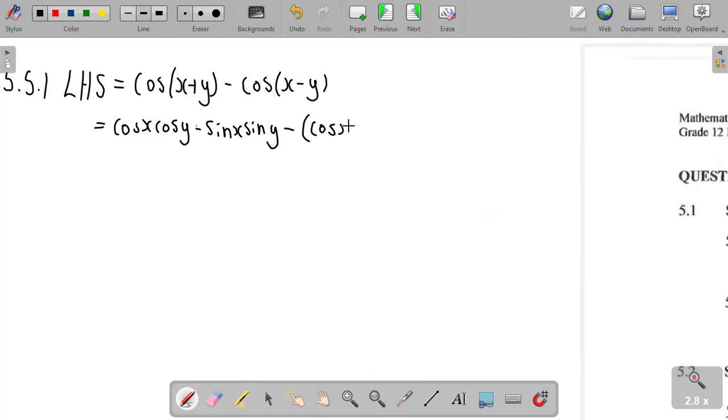So it's going to be cos x cos y plus sin x sin y. So then we multiply. So it's going to be cos x cos y minus sin x sin y.